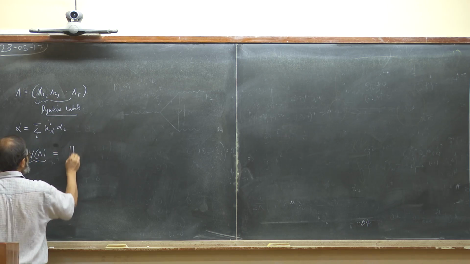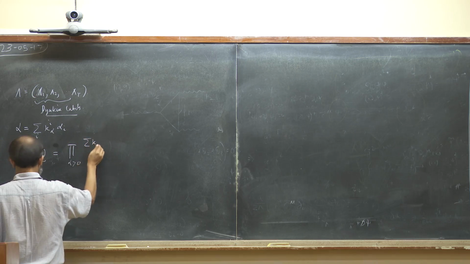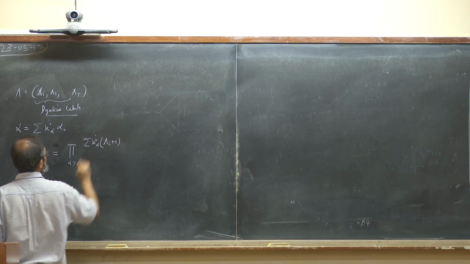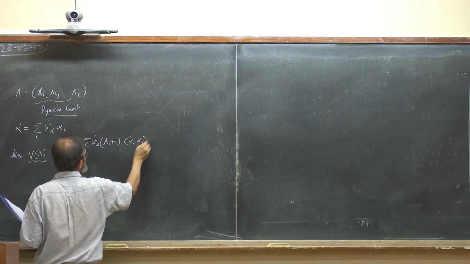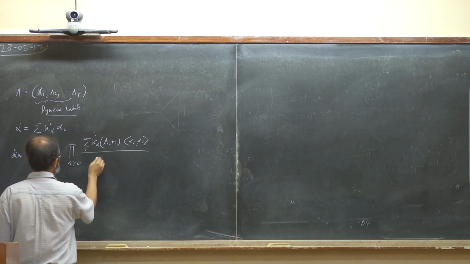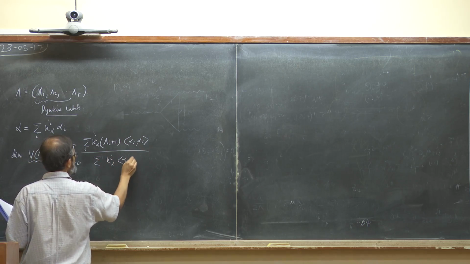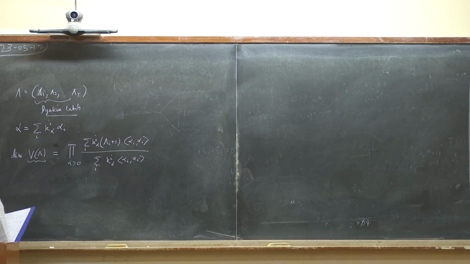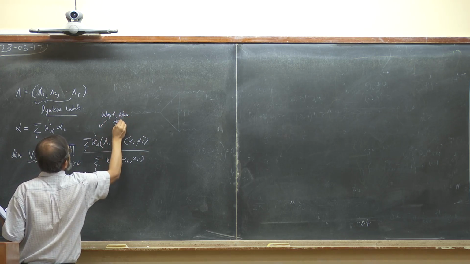And here now, there is a product over all positive roots of the following quantity, sum over i. This is the Weyl dimension formula.